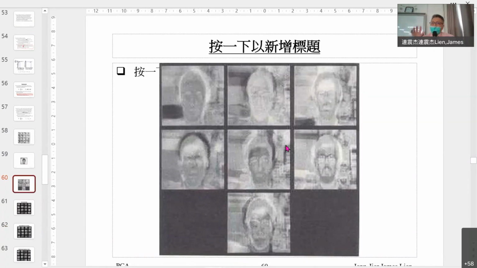However, your eigenvalue in this case, after eigenvalue number 8, the eigenvalue will be close to 0. That is meaning those eigenfaces are not important.